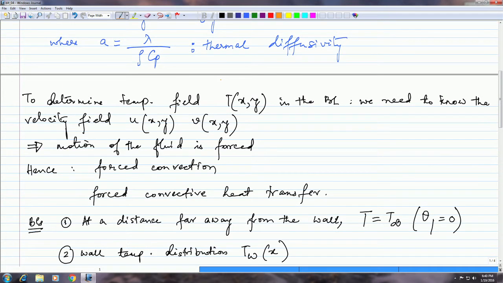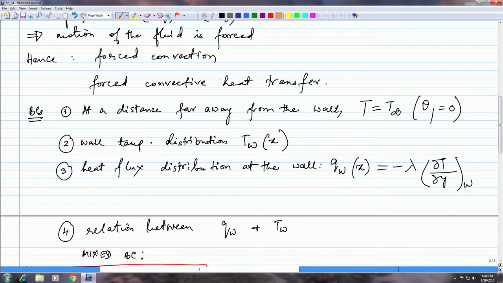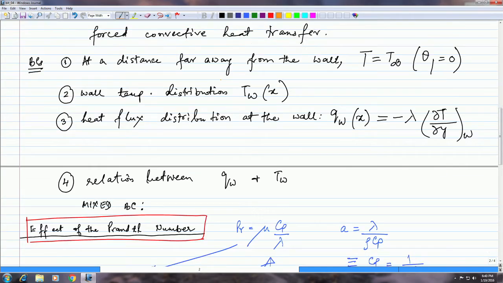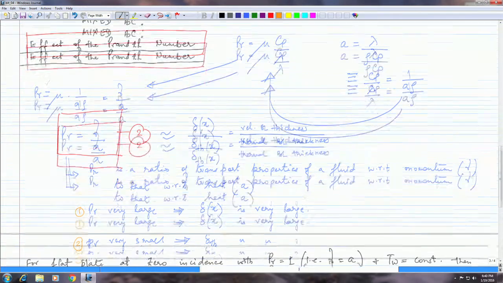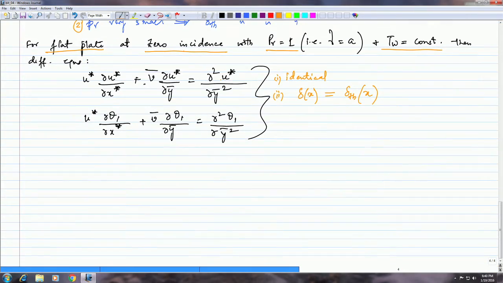We talked about what exactly the term forced convection means, even, right? So forced convective heat transfer, right? We looked at what kind of boundary conditions are possible, okay? And so now we've started talking about the effect of the Prandtl number, okay? So we will stop here and take it up in the next one. So thanks.